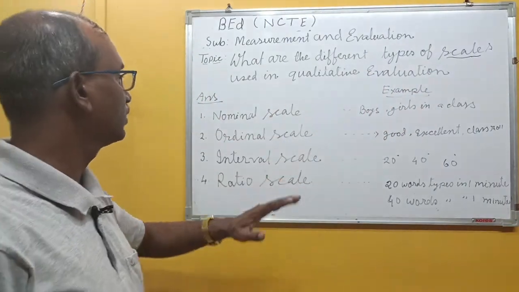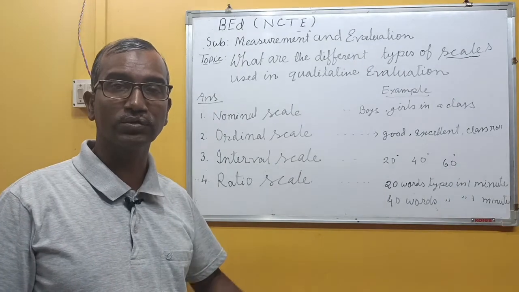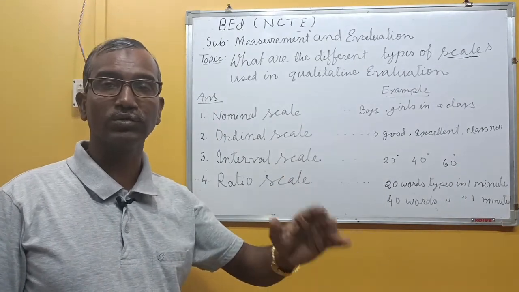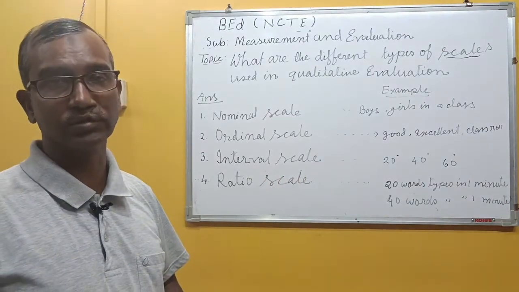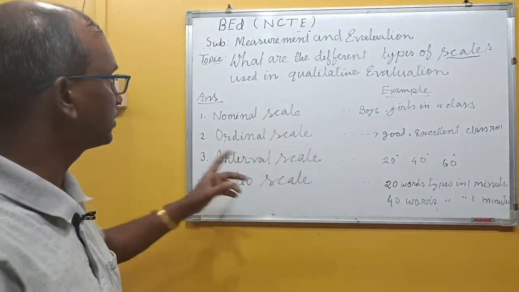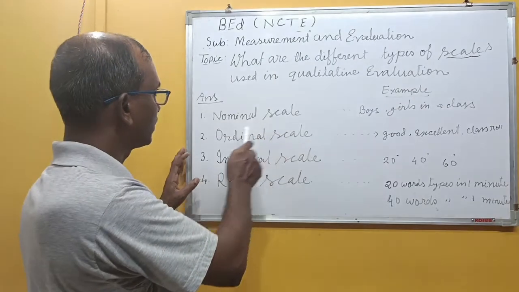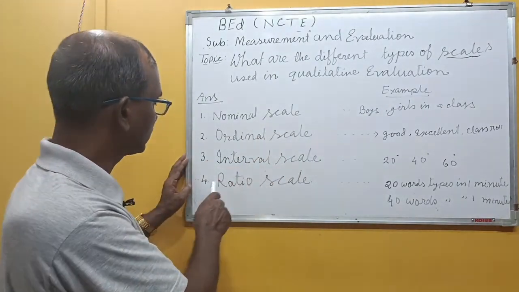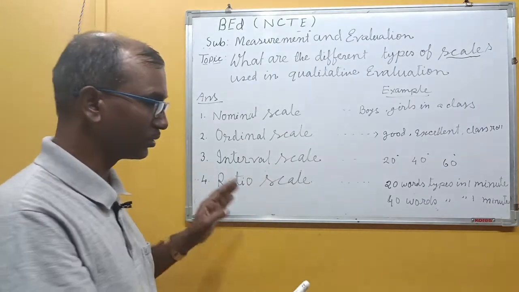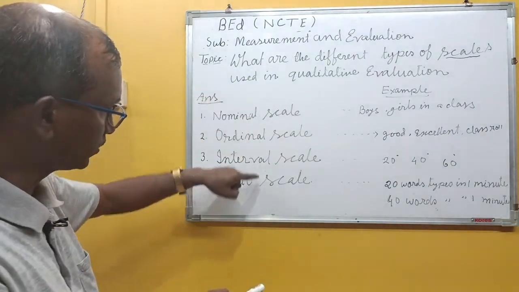There are four types of scales of evaluation in the field of education, in the field of educational achievement test. And the scales are known as number 1 nominal scale, number 2 ordinal scale, number 3 interval scale, number 4 ratio scale. You must follow all this order.